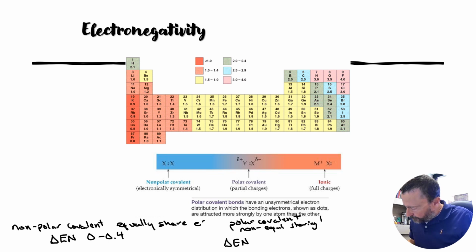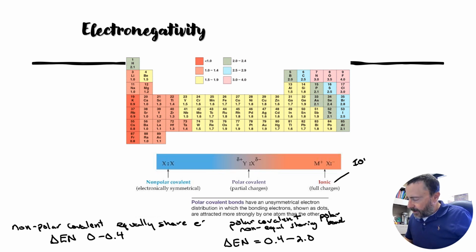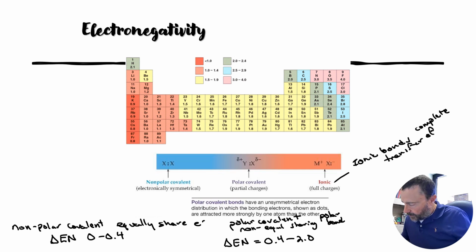This is a polar bond of 0.4 up to 2.0. And then ionic bonds are where we've got that complete transfer of electrons. That's an electronegativity difference of 2.0 and above.